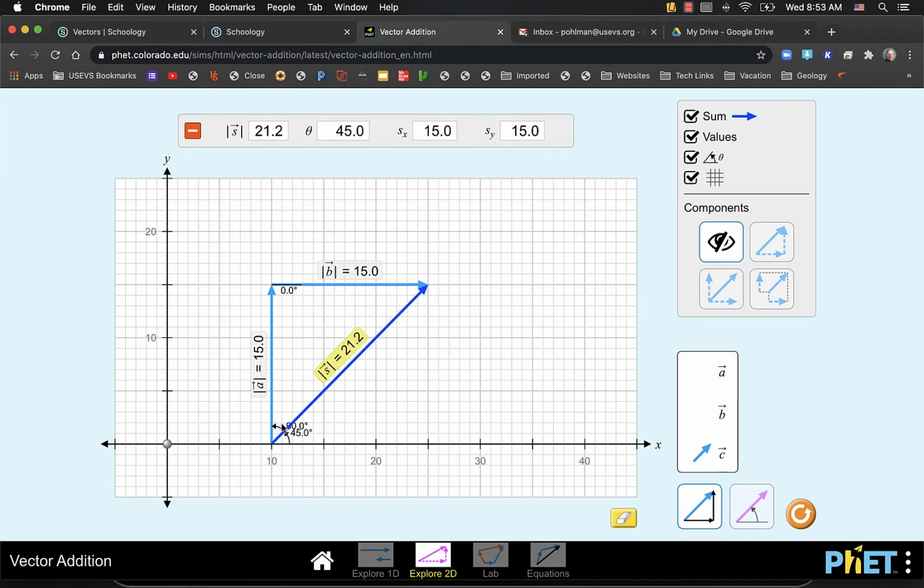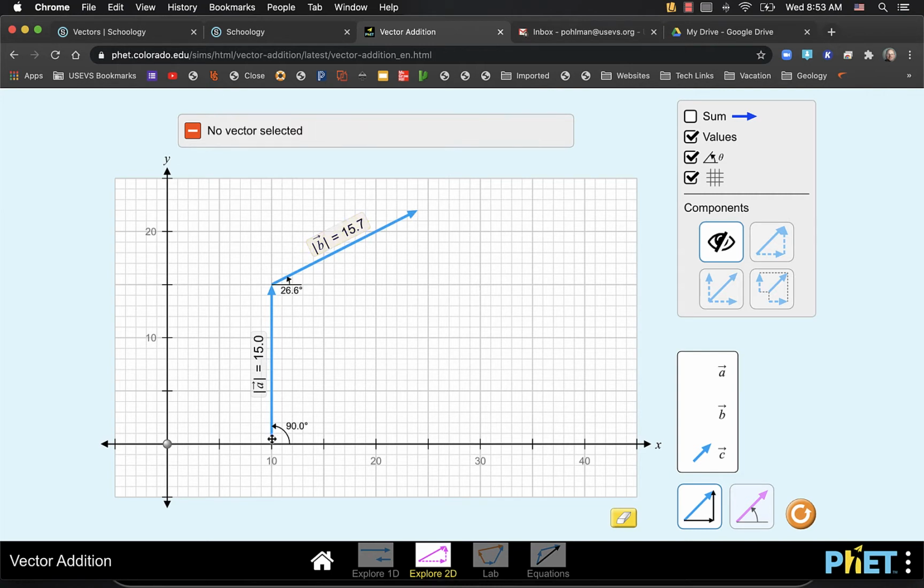But what happens if we don't have a right triangle? Not everybody is going to walk due north and then go due east. What happens if this person were to walk at an angle like this?